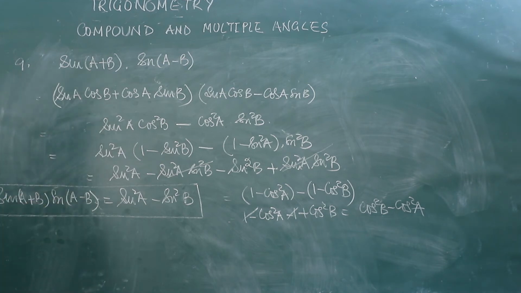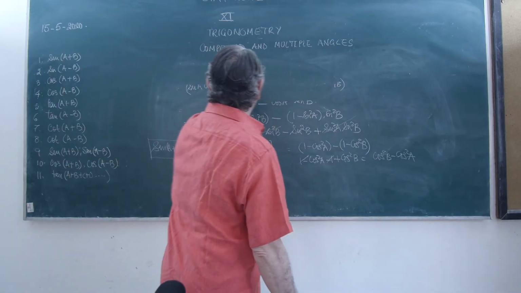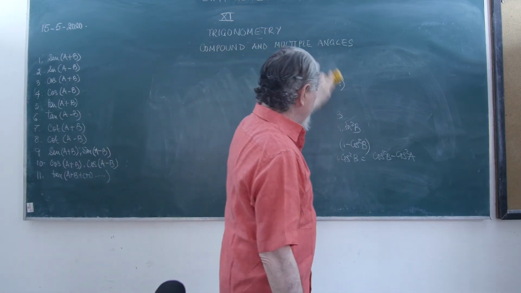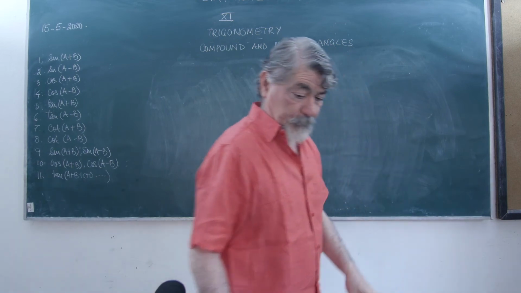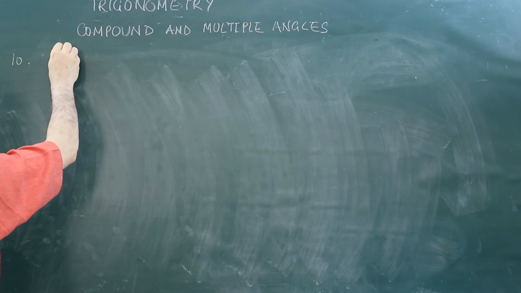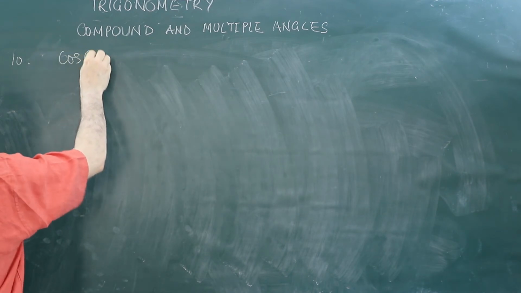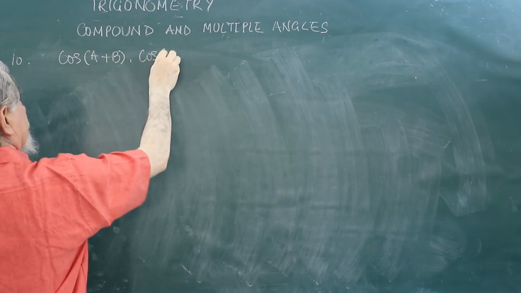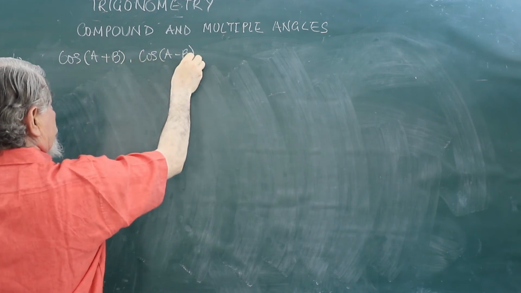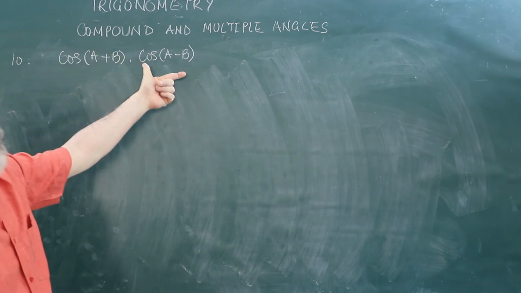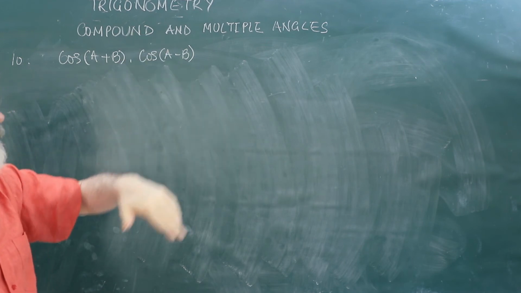Now the next we will do is cos(a plus b) into cos(a minus b). We write the formula of cos(a plus b) and the formula of cos(a minus b), and we will obtain it.